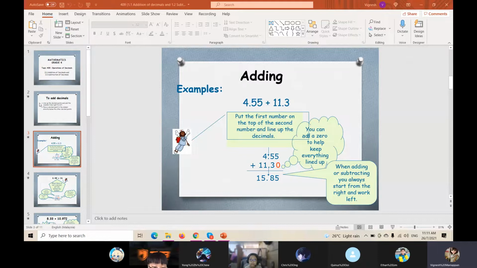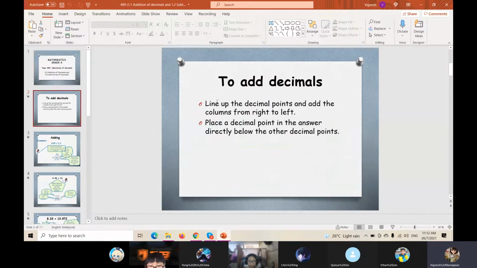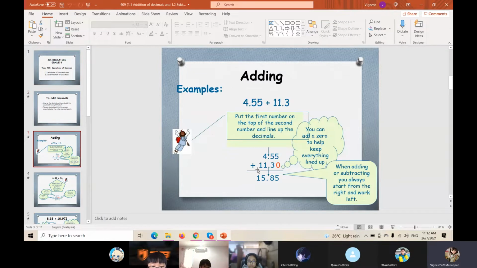Put the first number on top of the second number and you have to line up the decimals. Can you see the instruction you need to follow for the addition of decimals? You have to line up the decimal point. Make sure the decimal point is lined up in the same line.